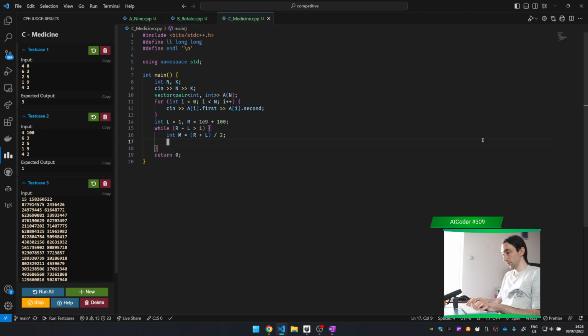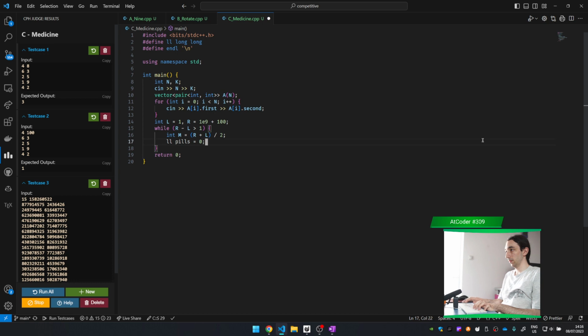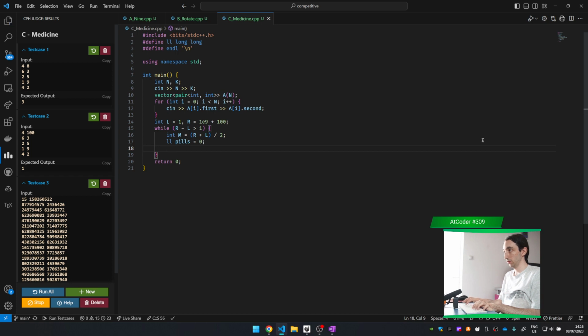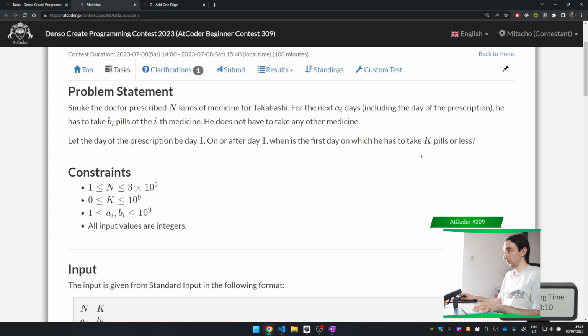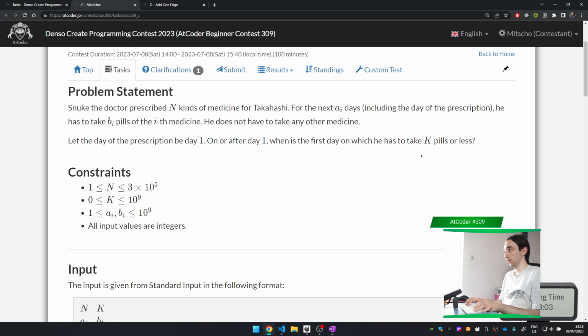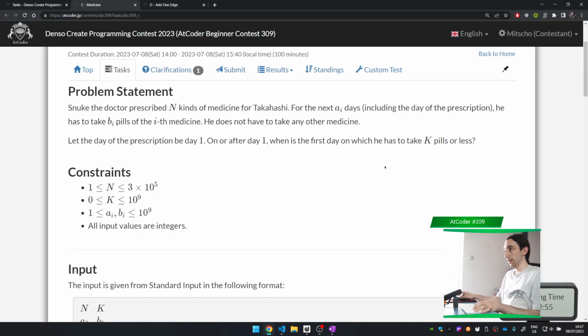So number of pills, do this. Yeah, so we go over all of these, and a_i is what days it is.